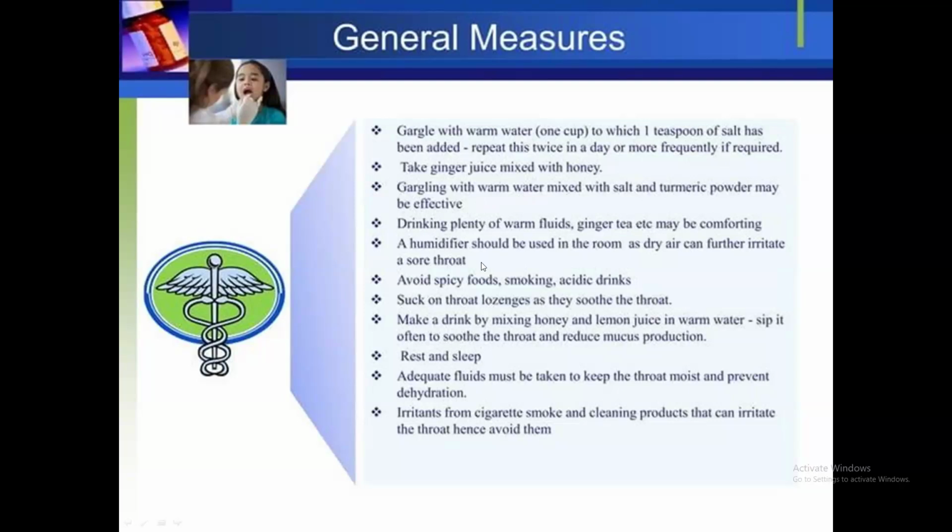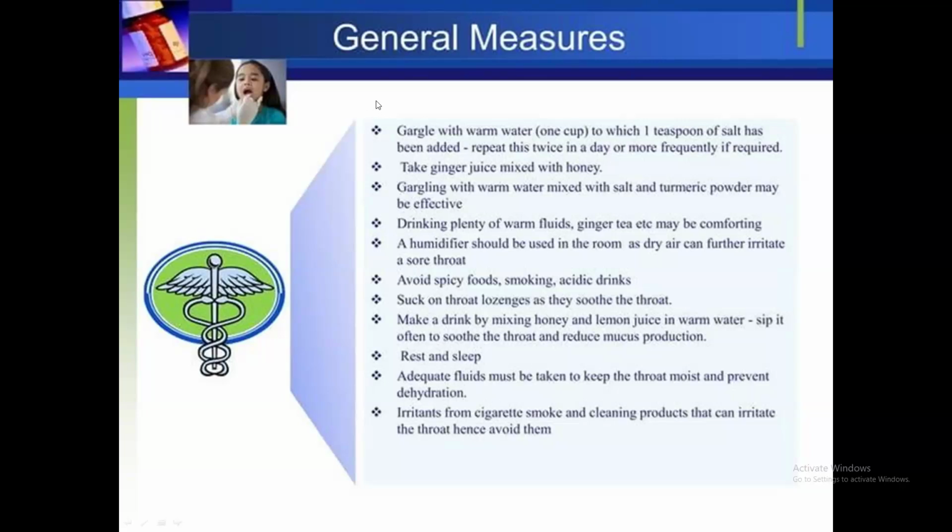Then, along with this, proper rest and sleep is very important, which will be helpful for the child for better recovery. Adequate fluid must be taken to keep the throat moist and to prevent dehydration. Irritants like cigarette smoke and cleaning products that can irritate the throat must be completely avoided.